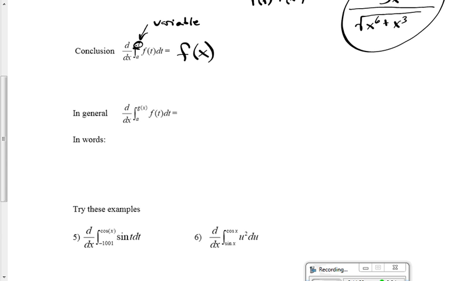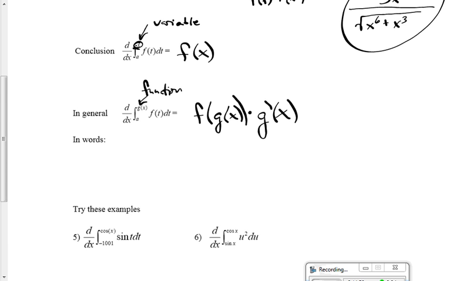If the upper limit is a function, what's the value of the derivative of the antiderivative? I'm going to write it like this because it reminds me of chain rule. And this is kind of how I write chain rule. But whatever order you do it in is okay.